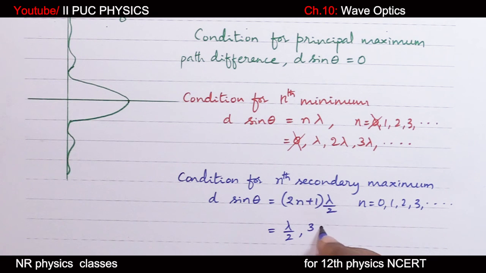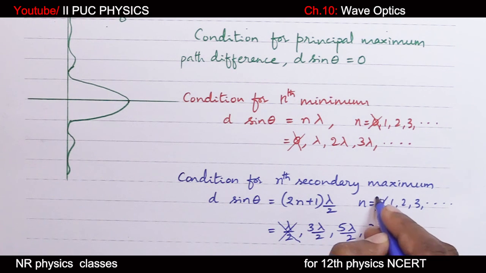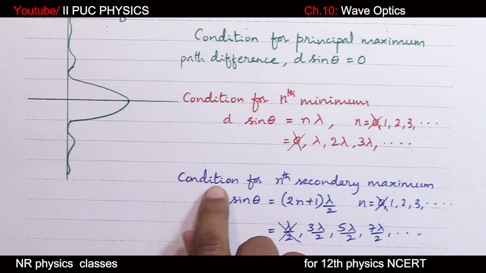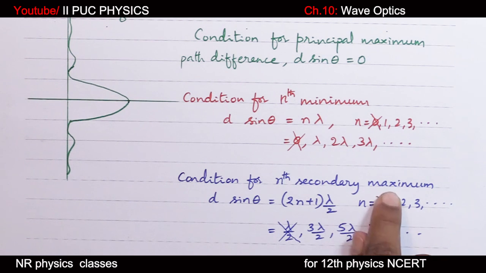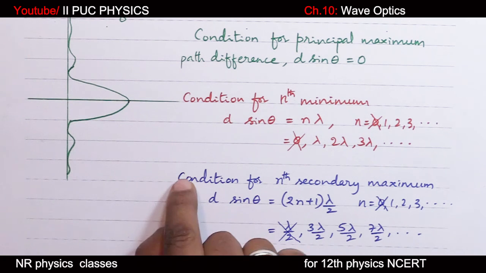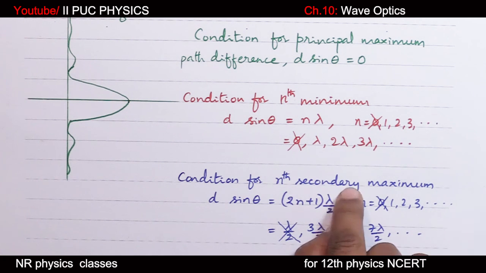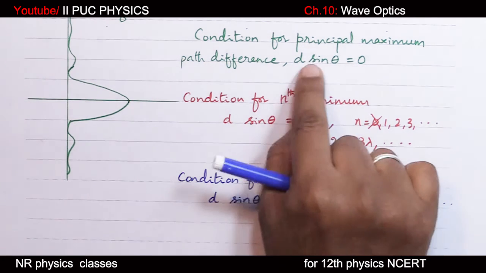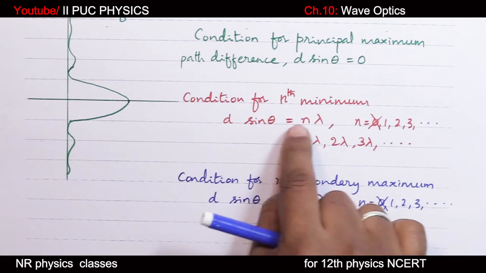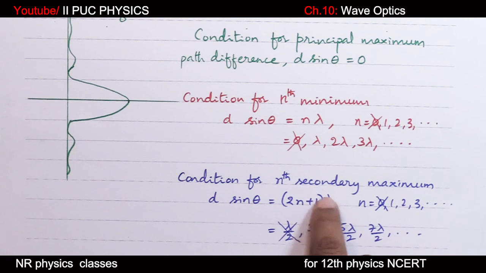Then 3 times lambda by 2, 5 times lambda by 2, 7 times lambda by 2. Lambda by 2 is not there, meaning n should not start from 0. This is the condition for the nth secondary maximum. d sin theta 0, d sin theta n lambda, d sin theta (2n plus 1) lambda by 2.